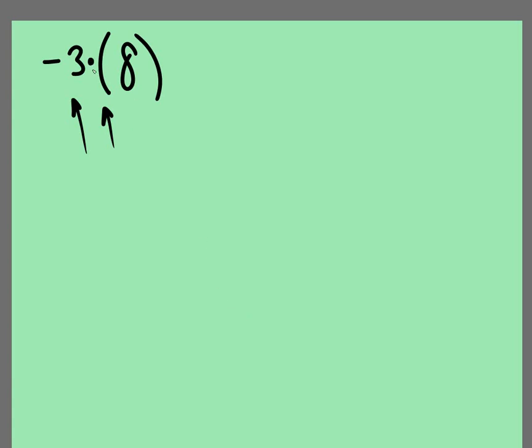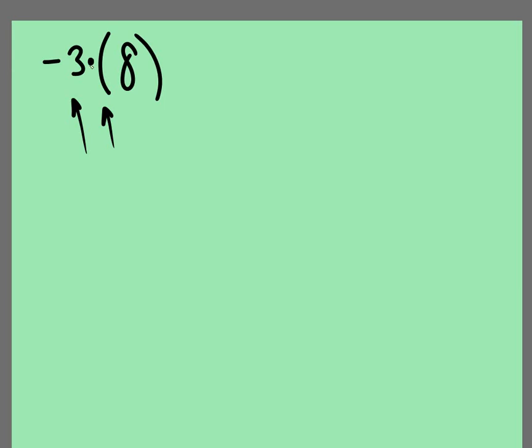Note I'm using the dot to represent multiplication as opposed to the maybe more familiar X, and that's because when you get into algebra they start using letters, and the X symbol may get confused with the letter X, which is used for something very different.